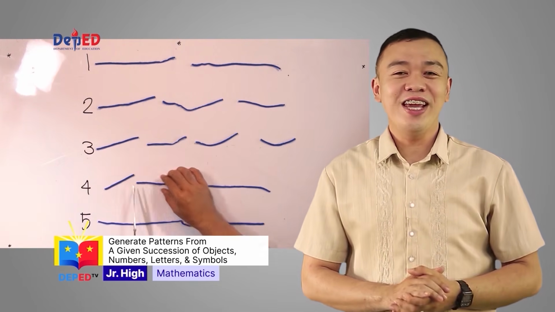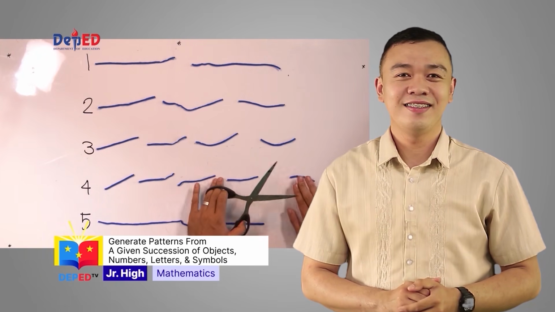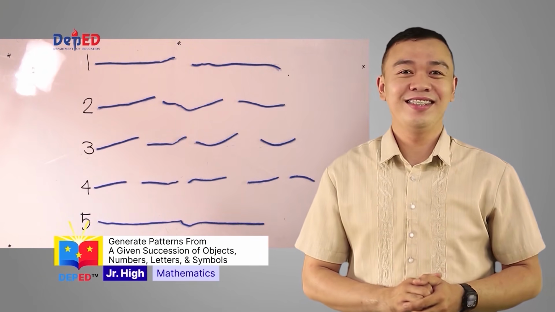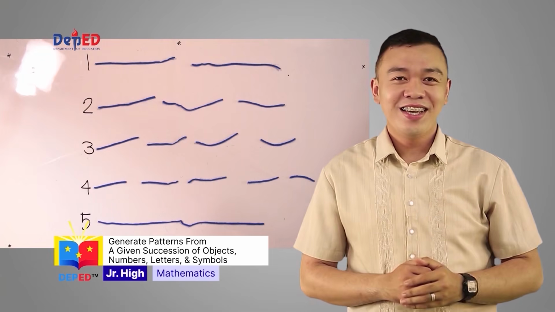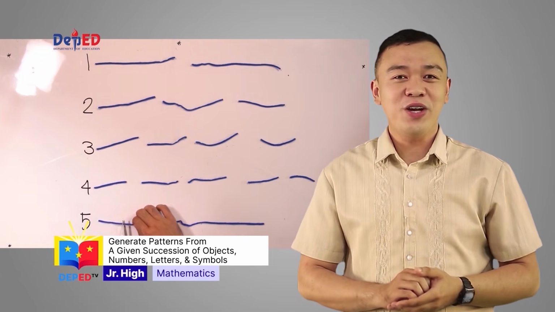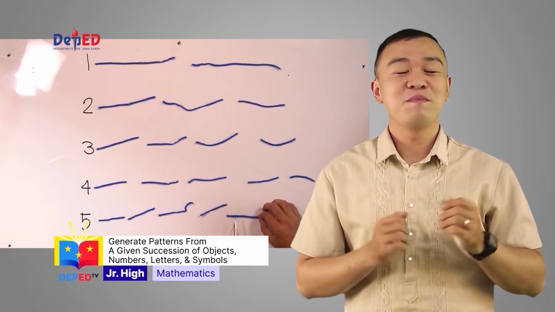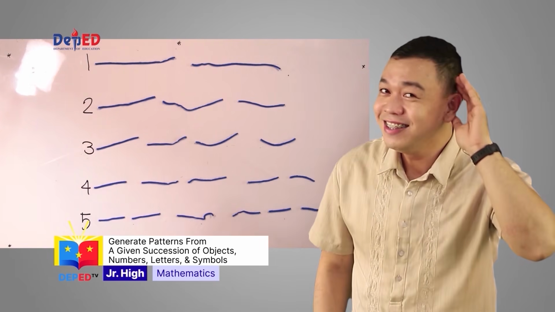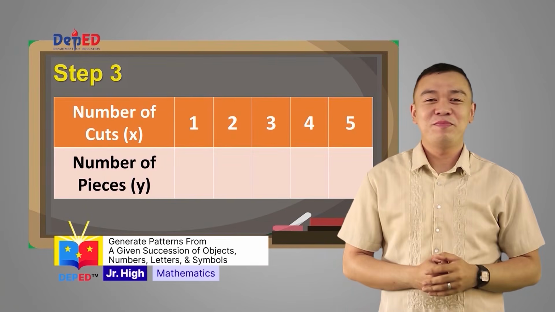Cut the fourth string 4 times. How many pieces are there? Cut the fifth string 5 times. How many pieces are there? Step 3.